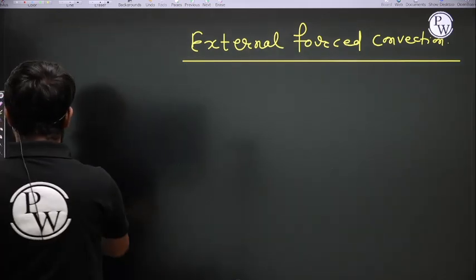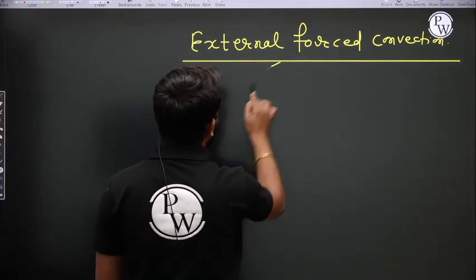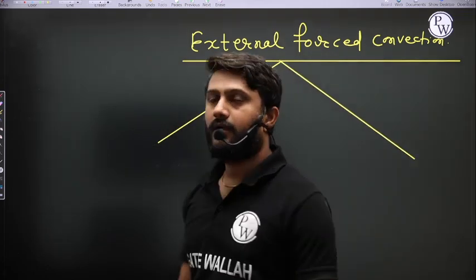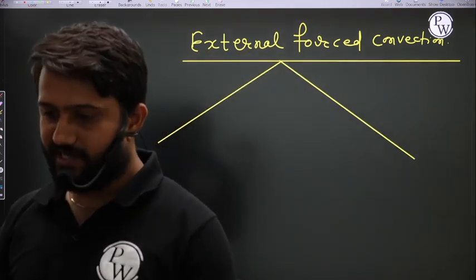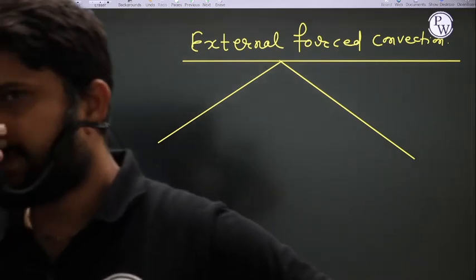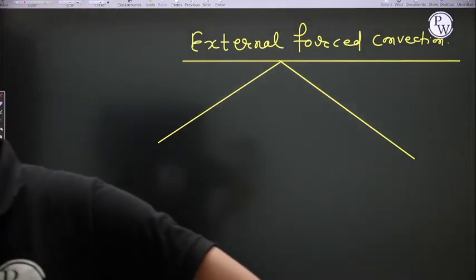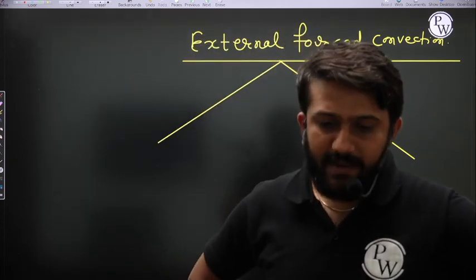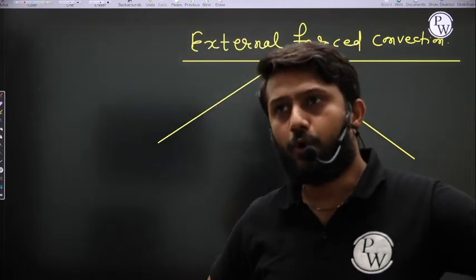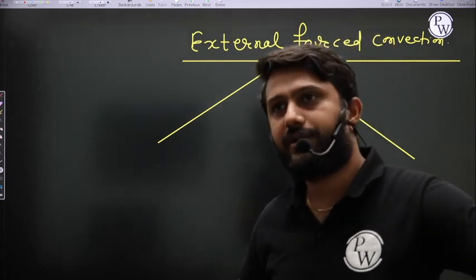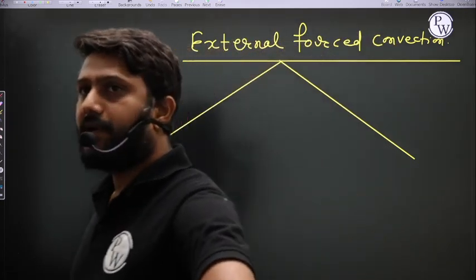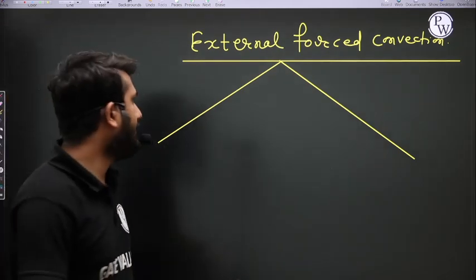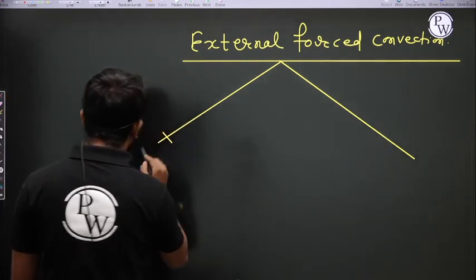So to understand this, see here. If I say external forced convection is there, then there might be a possibility that the flow may be laminar or turbulent.